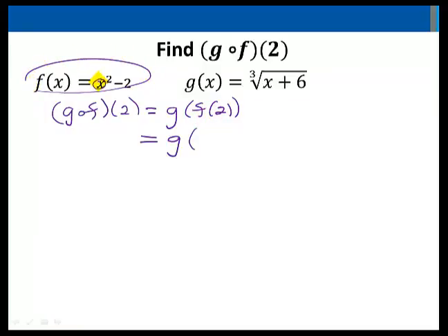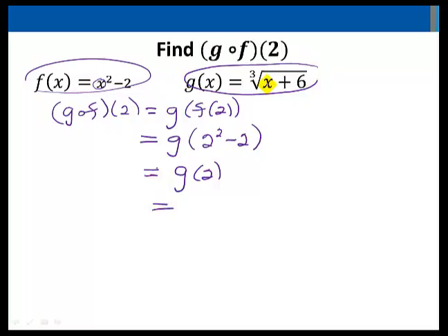Wherever I have an x, I'll plug in 2. That will give me 2 squared minus 2, which is equal to 2. So now to find g of 2, I look at g of x, and wherever I have an x, I'll plug in 2, which will be the cube root of 2 plus 6, the cube root of 8, which is 2.